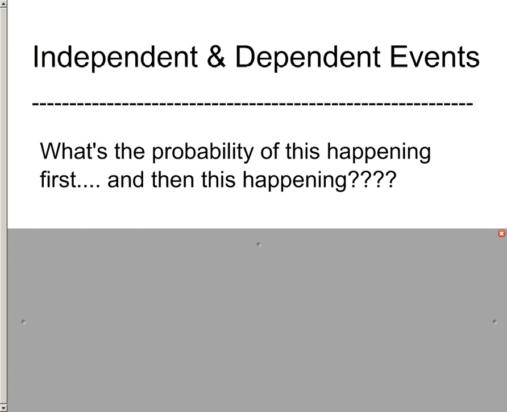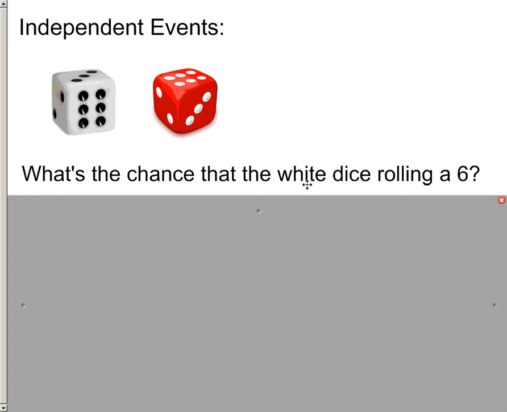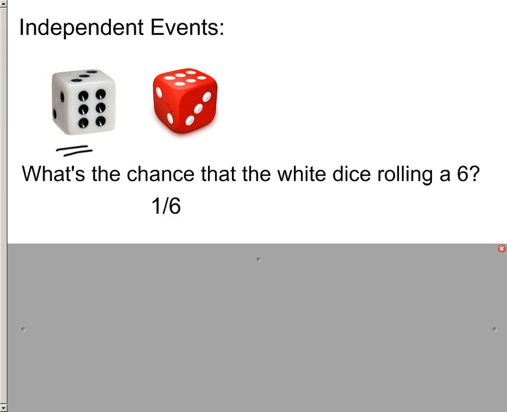So before we jump into that, let's just take a look at independent and dependent events, and then we'll fit those together to see how to find the probability. So first off, independent events mean the first event is not going to affect the second event. So what's the chance of that white dice rolling a 6? It'd be 1 out of 6 because there's 6 sides of that dice, and only one of them has the number 6 on it.